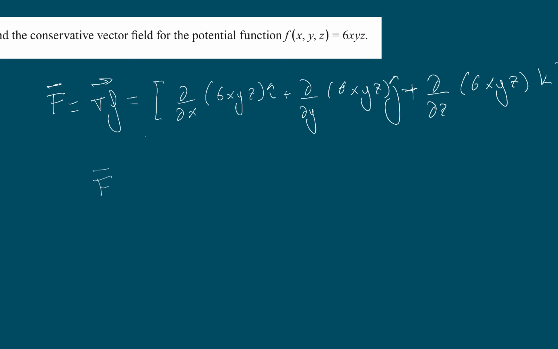The vector field will be: the partial derivative with respect to x will be 6yz in the i direction, plus the partial with respect to y of 6xyz, it will be 6xz in the j direction, plus the partial with respect to z will be 6xy in the k direction.